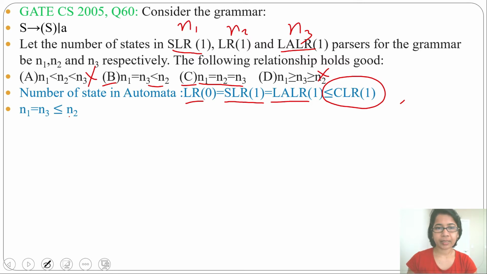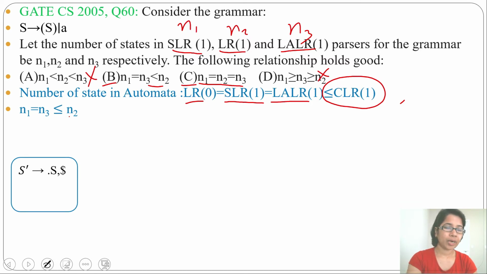For that, you need to create the automata for LR1. The initial state will contain the augmented production S' derives dot S and the lookahead will be dollar. There is a dot before S, so you need to add the S productions: S derives dot (S), lookahead dollar.